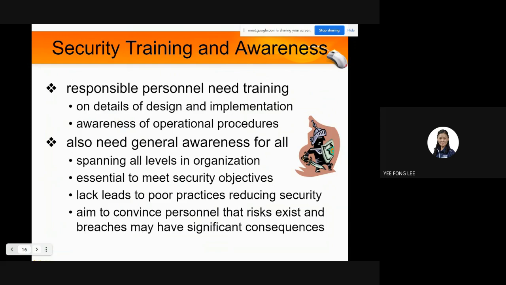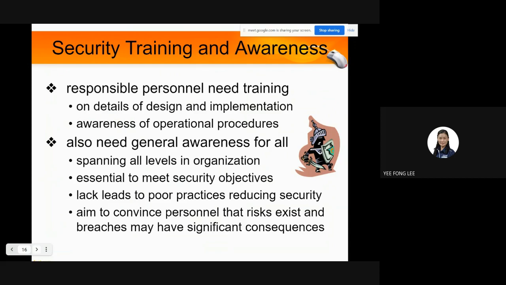Looking at the first one, responsible personnel need training on the detailed design and implementation, and awareness of the procedures, also general awareness, to make sure everybody in an organization is involved and meets the objective. We have to inform them that lack of or poor practices might reduce the security.